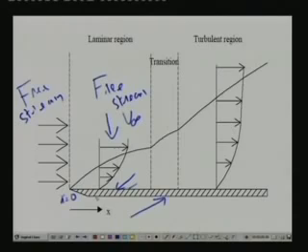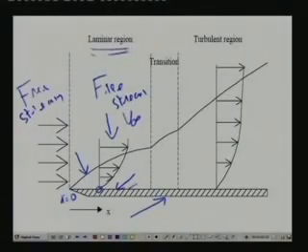So what basically has happened is, because of the presence of the solid surface, a velocity gradient has developed in this region, and the region in which the velocity varies from 0 to the free stream velocity is known as a boundary layer. So because of the presence of a surface and because of the viscous effects, a boundary layer develops whenever the fluid comes in contact with a solid surface.